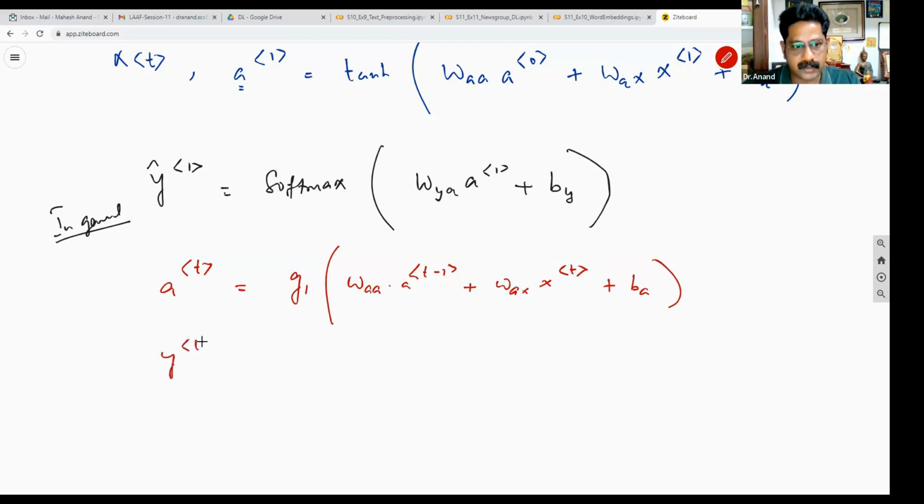Then Y cap T is represented as G2 of W suffix YA times A of T, the current state memory, plus BY.